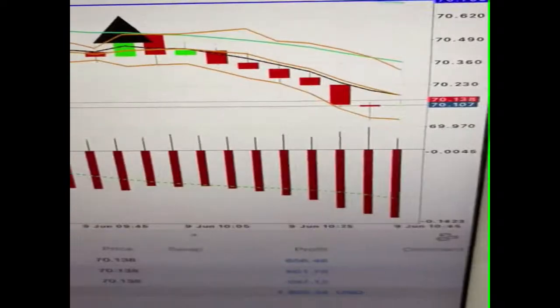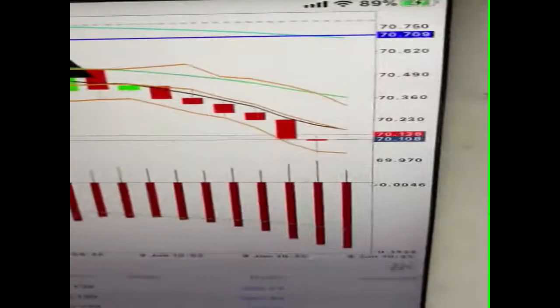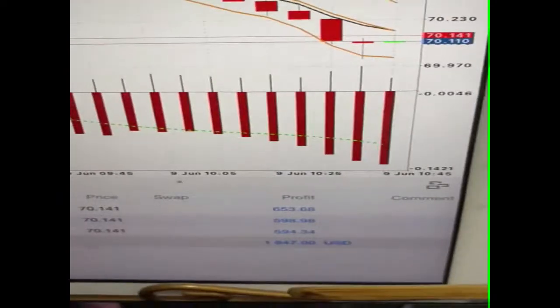You see the lot size right here? Someone who is not even professional or doesn't trust himself will not go and put in 100 lot 2 times inside this thing. Nobody's going to do that. But I think it's only me who is doing that, man.